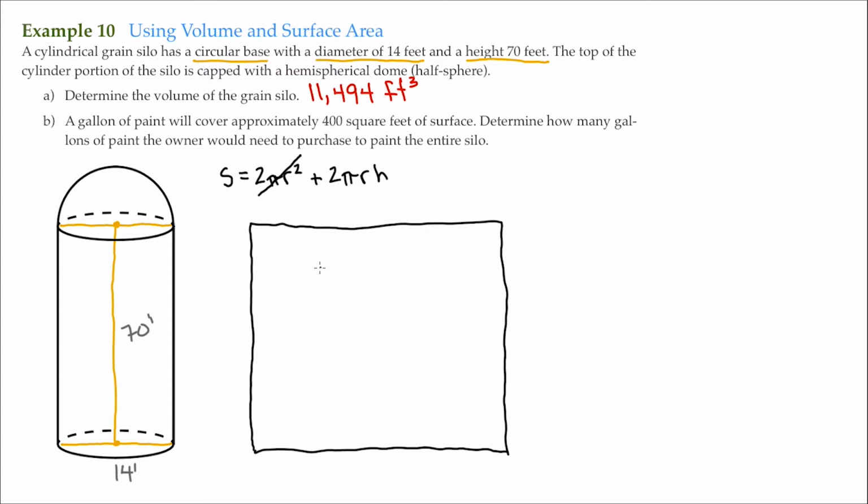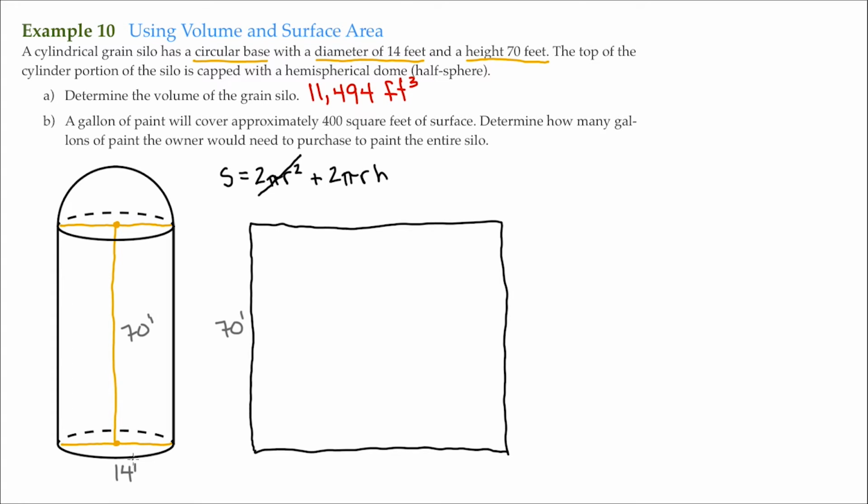But you cut it and open it up, and it becomes a rectangle. The height is still 70 feet. But the width here, that's the circumference of our circle. So that's our 2 pi r. Here's our height, and here's our 2 pi r.